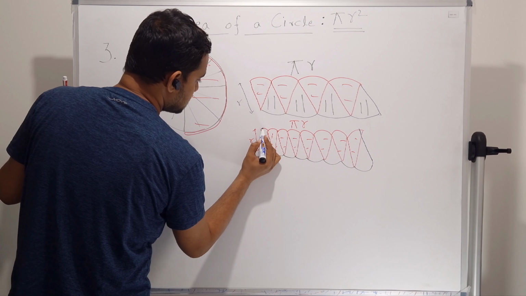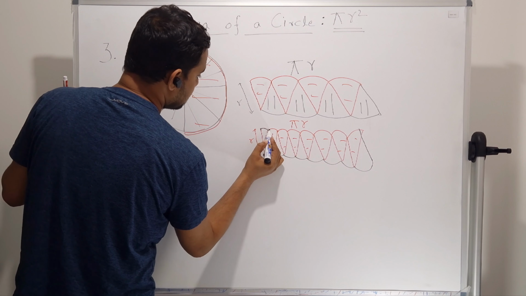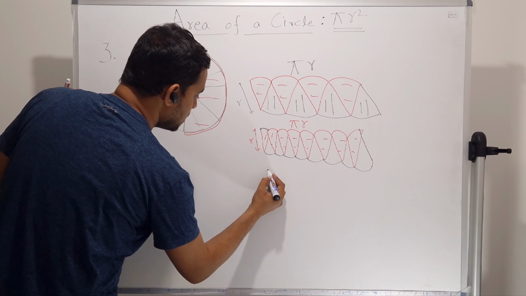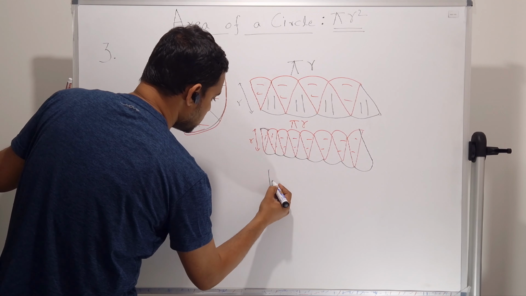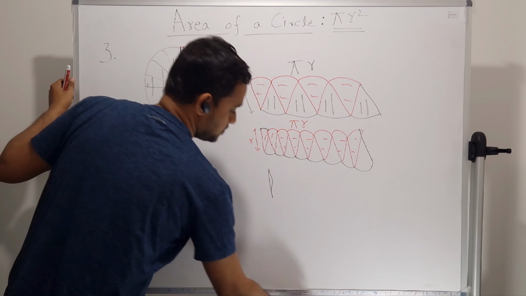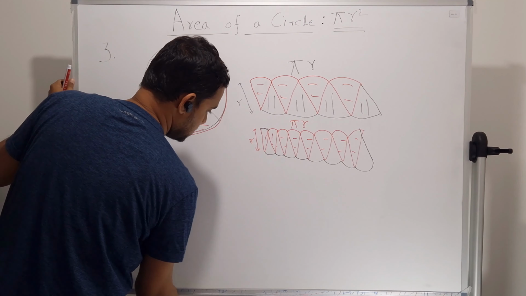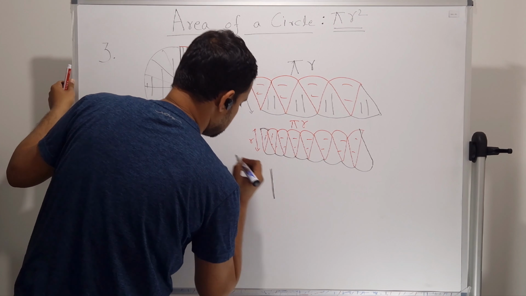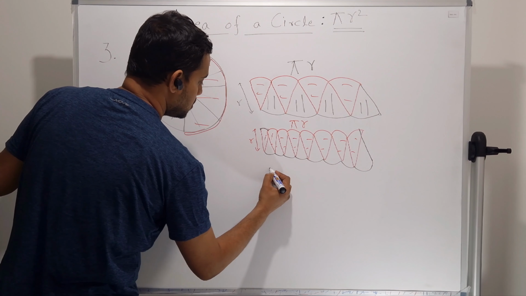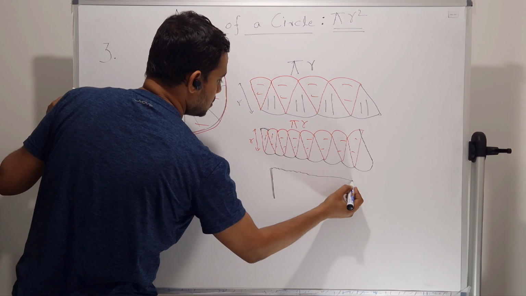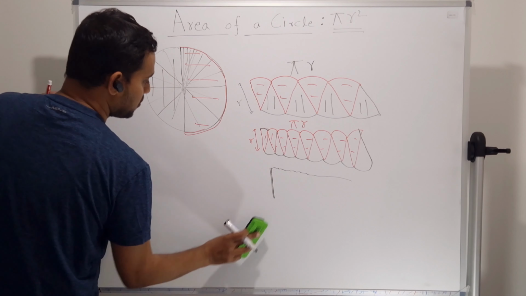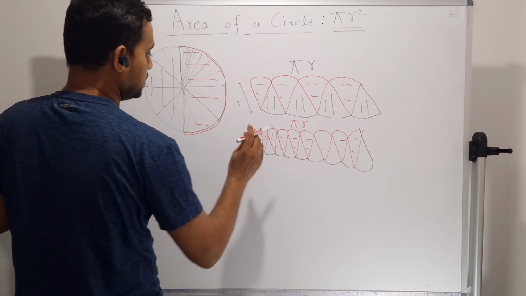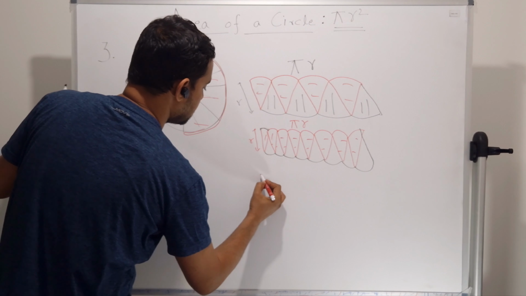These curves would become like two points next to each other, and they would almost become like a straight line.